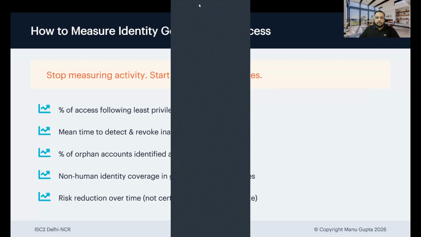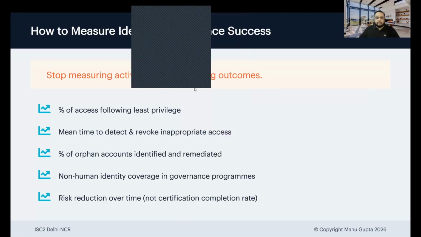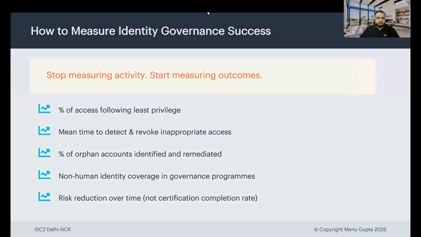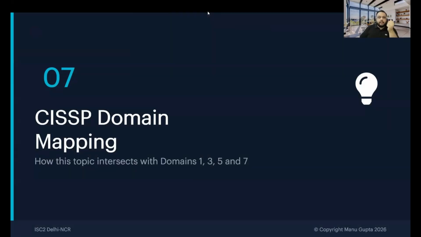I'll wait for a minute and then I'll continue. Okay, I will continue. So, for my fellow practitioners who are preparing for CISSP or who have already completed, just a refresher for them. I'll try to map how this entire discussion goes back to the domains, right?